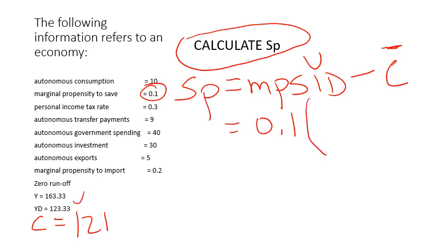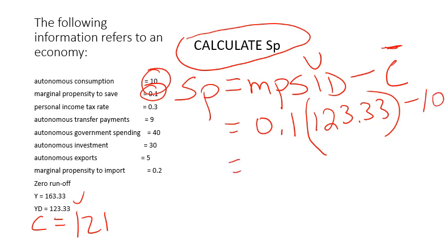We've calculated that already. It's 123.33. And from this we subtract autonomous consumption, which is 10. And that indeed does give us 2.33. So here you have the second method of calculating SP.